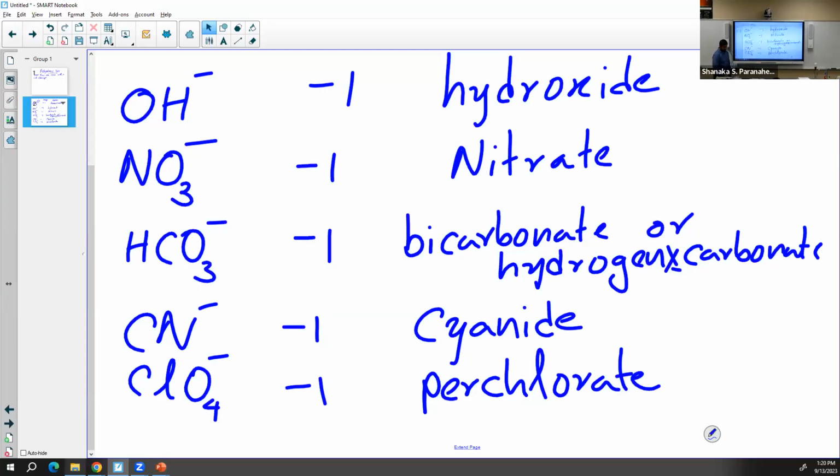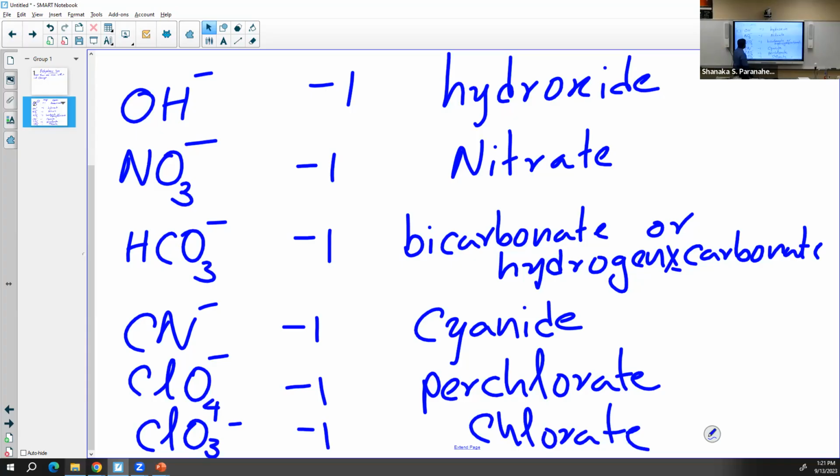ClO3 minus, again -1, chlorate. All these negative polyatomic anions have -1 charge. So that's 6.